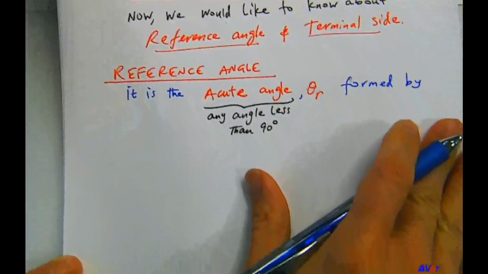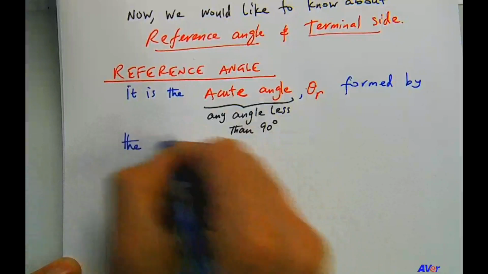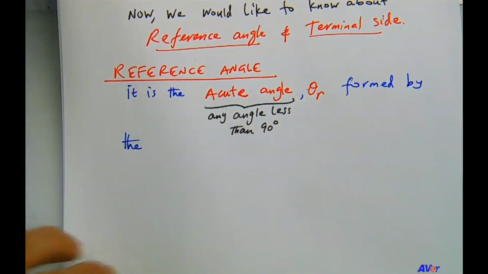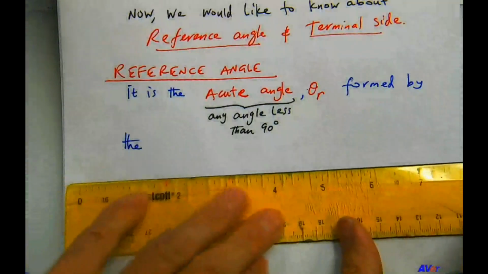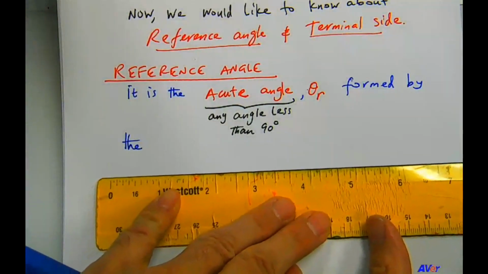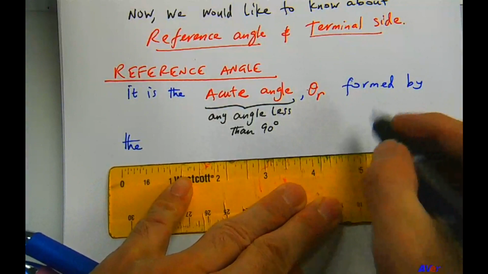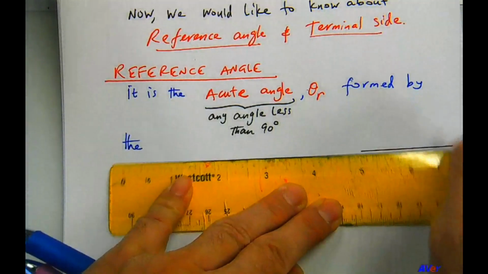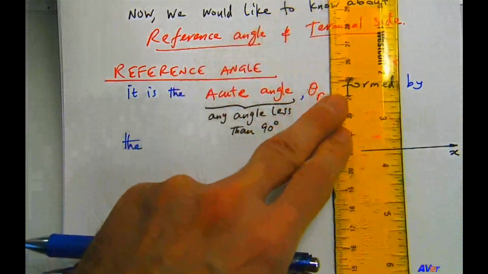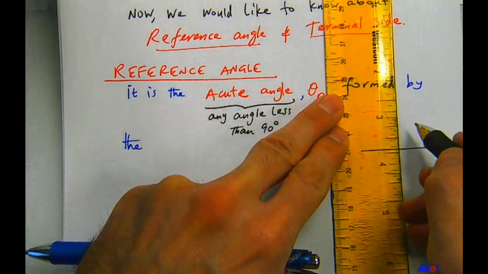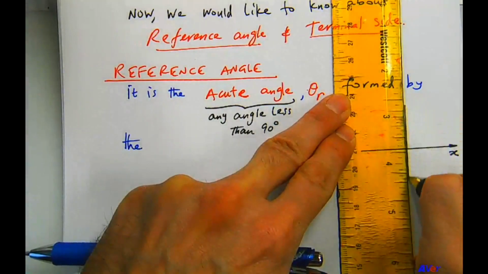That is formed by the, I think I should draw a picture before I continue, so I'm going to do that right away. Something like that. So this would be x and y, like that.